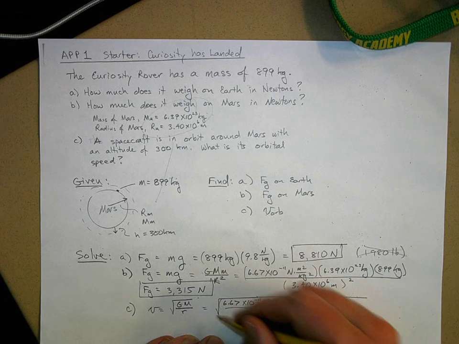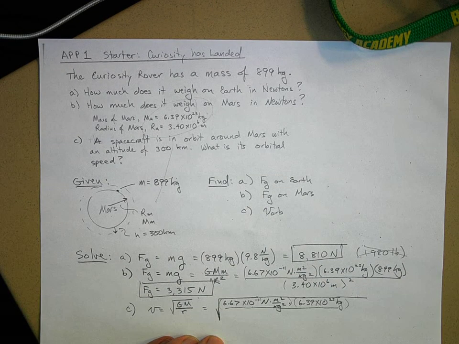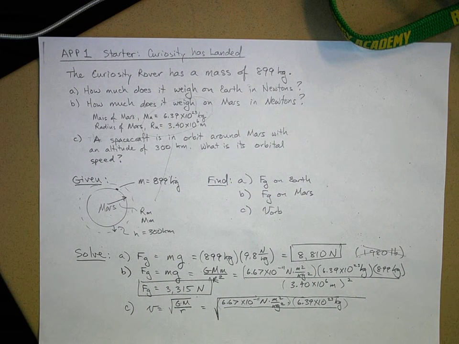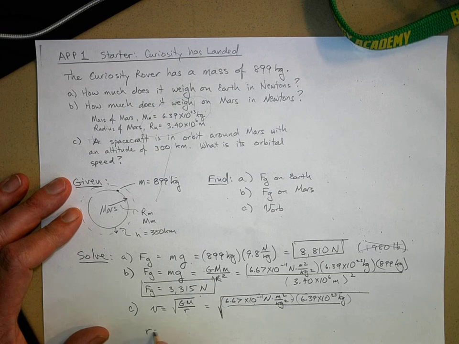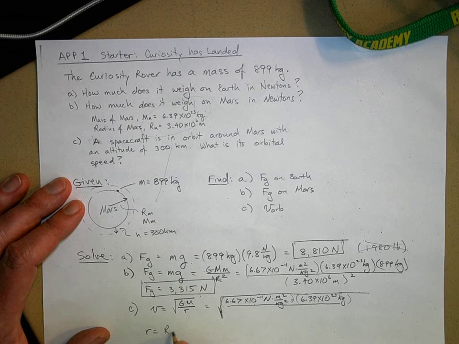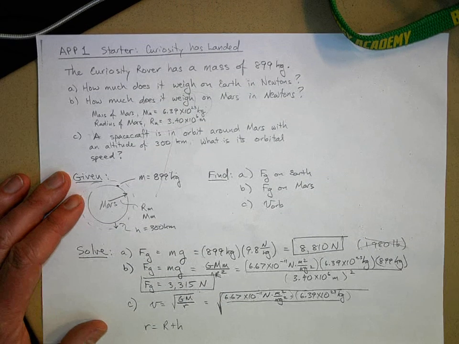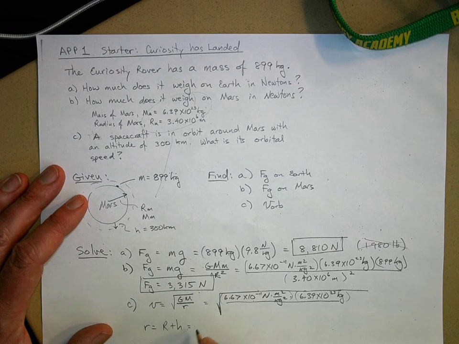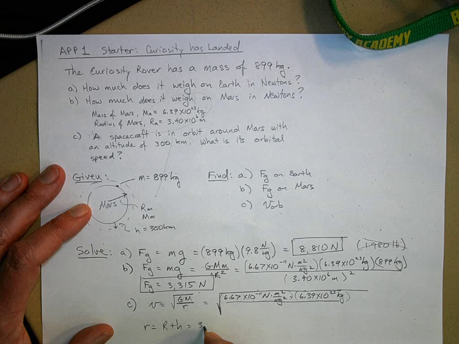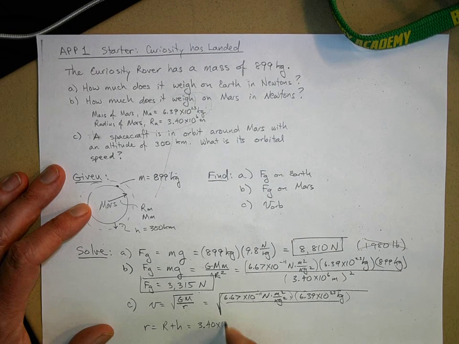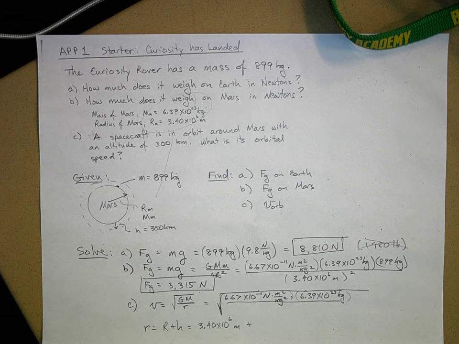Now here's where people mess this up. People are getting sloppy. Don't get sloppy now. This is the radius of the orbit. And we know that the radius of the orbit is the radius of the planet plus my height above the planet. So this is going to be 3.4 times 10 to the 6 meters plus, now, folks, listen to me.